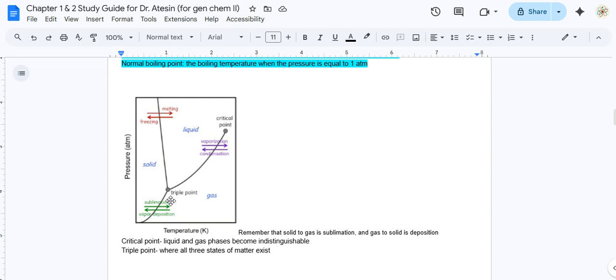So all three states of matter exist at this point. And critical point is the point where liquid and gas phases become indistinguishable. You probably know freezing, melting, vaporization, and condensation already. Just know that when a solid goes to gas, it's sublimation, and when a gas turns into solid, it's deposition.